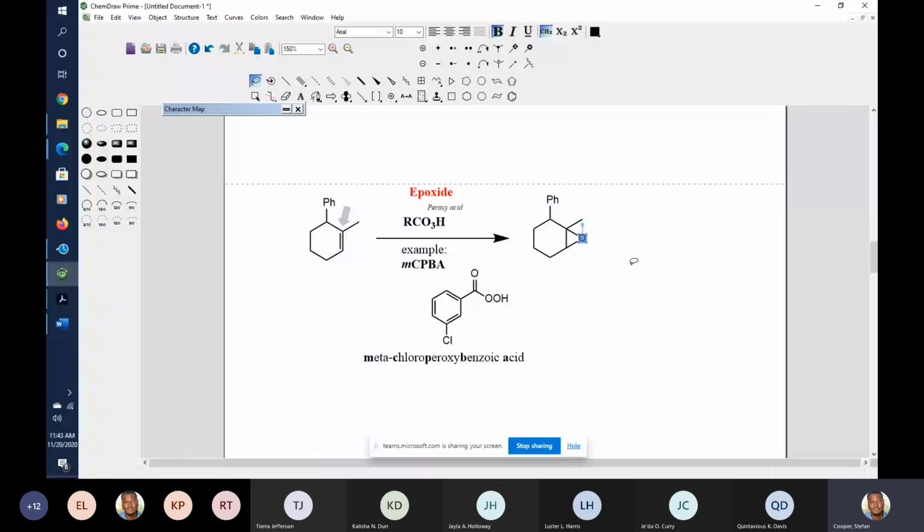All right. So is there any regioselectivity for this type of chemistry? Can anyone tell me? No regioselectivity. And can you guys see why there's no regioselectivity here? Both atoms of the double bond are getting what atom? Oxygen, right? This carbon is bonded to oxygen, and that carbon is bonded to oxygen.